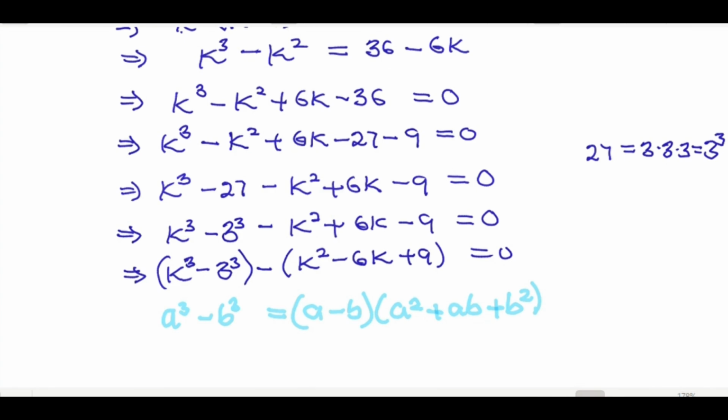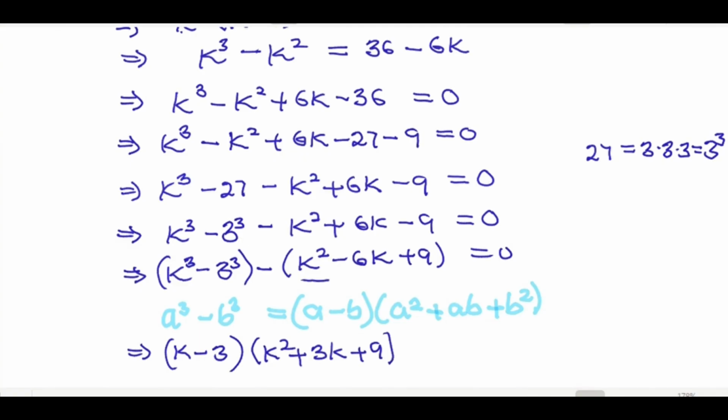Right. So applying that, we can have here k minus 3 in brackets multiplied by k squared plus 3k plus 9.